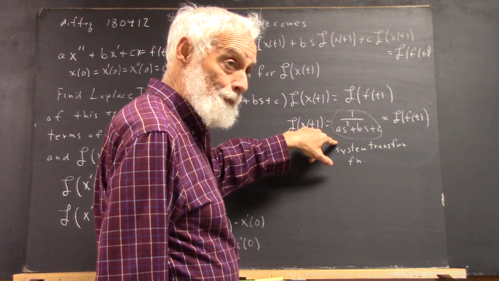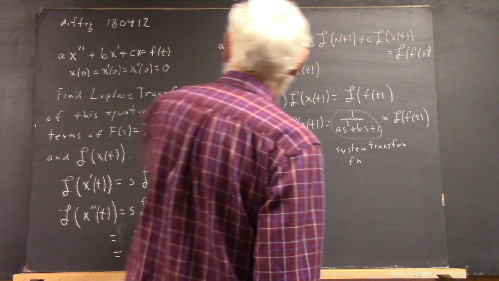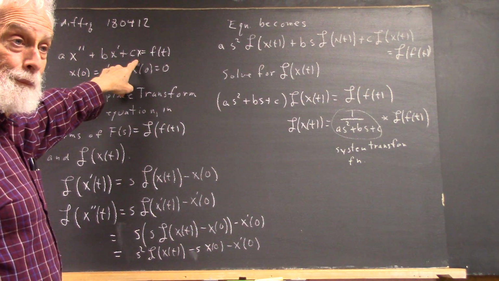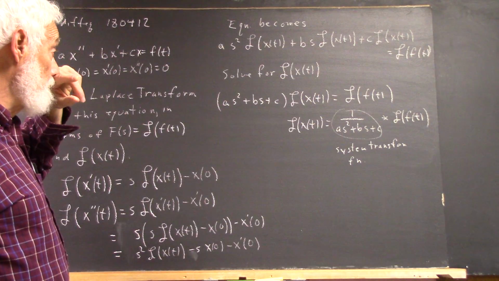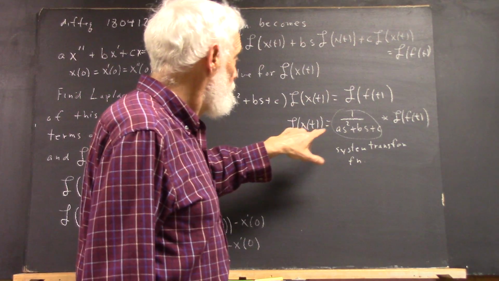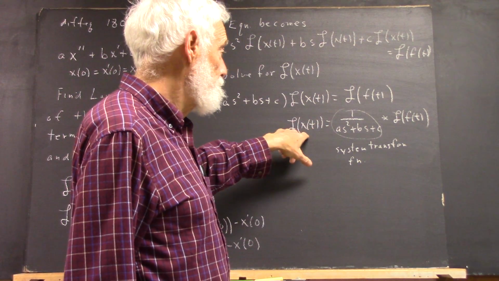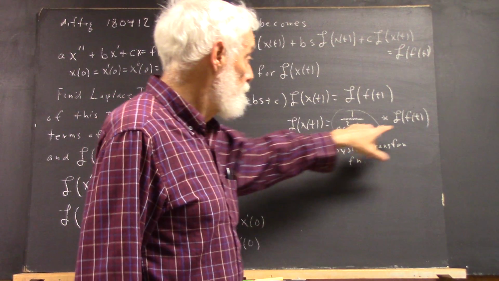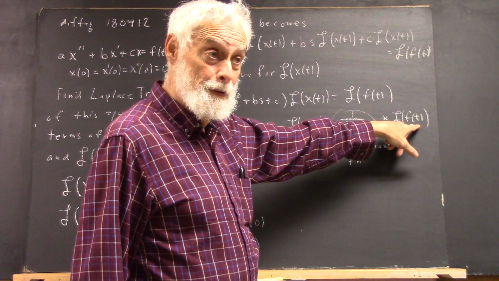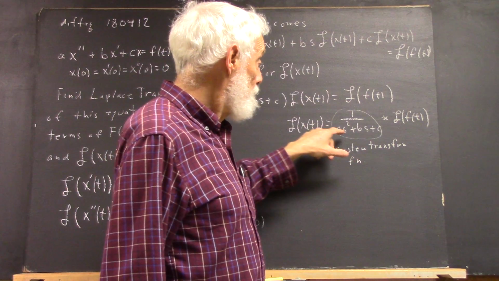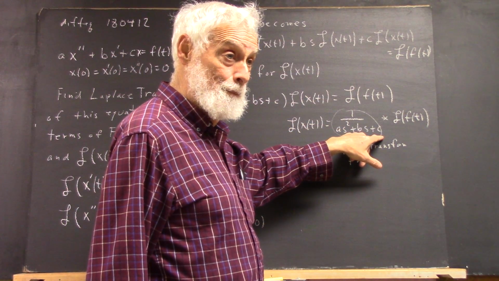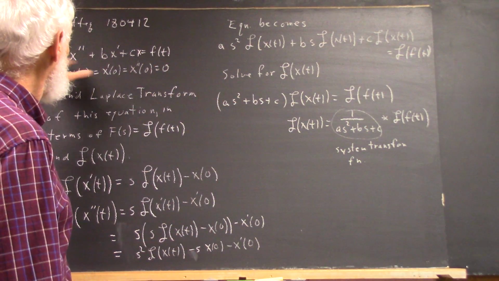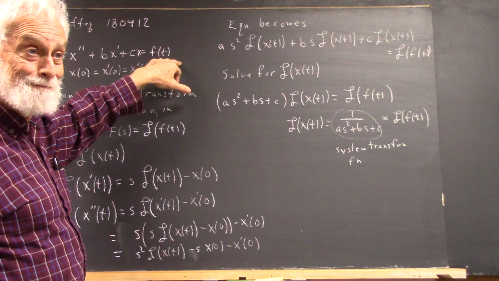That makes sense? And if we get this function, then we know what A, B, and C are. Okay? So by observing what the system does in response to a driving function, we can figure out what A, B, and C are. Okay? So we can figure out what the differential equation was.